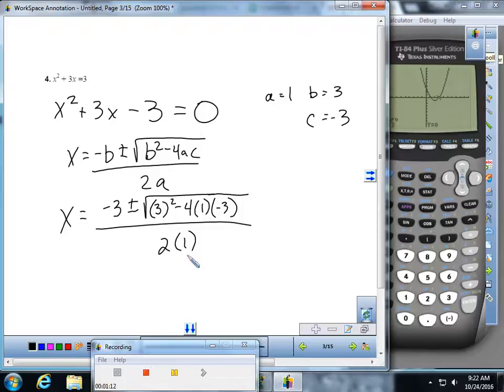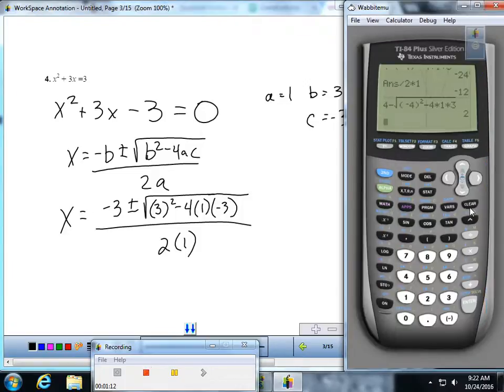Now I just pop that in my calculator. I'm just going to clear it.